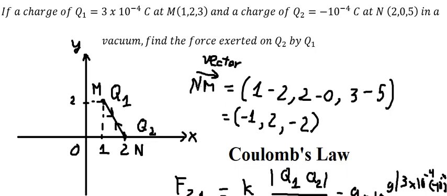Now we have the vector NM in here, and we just put A in here, here, and here.